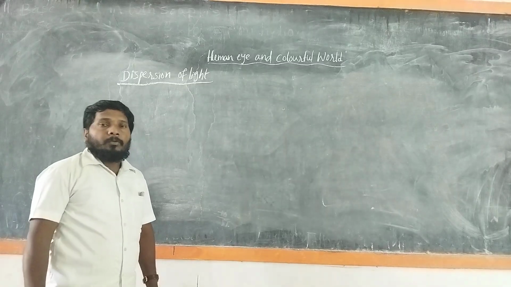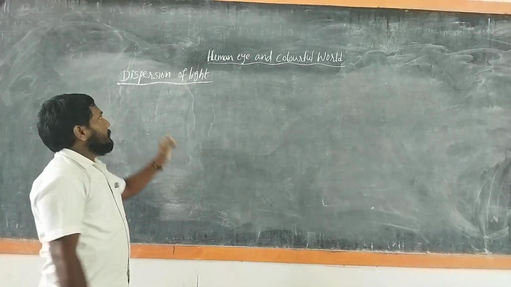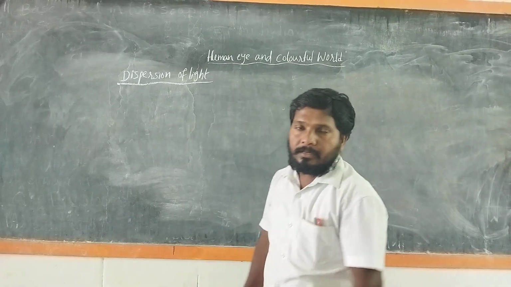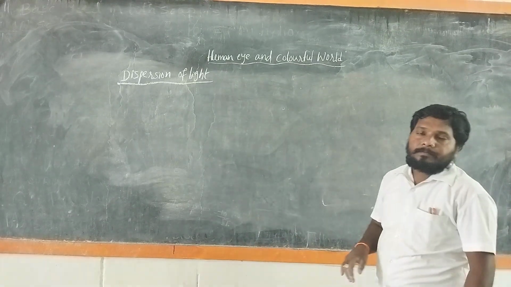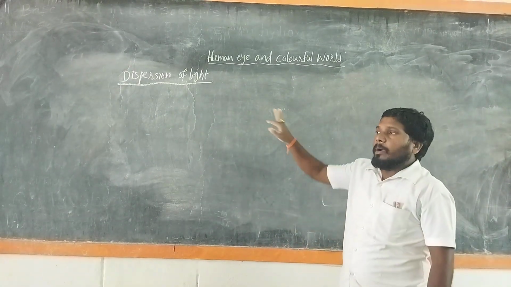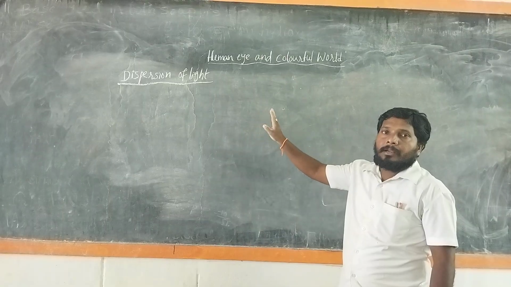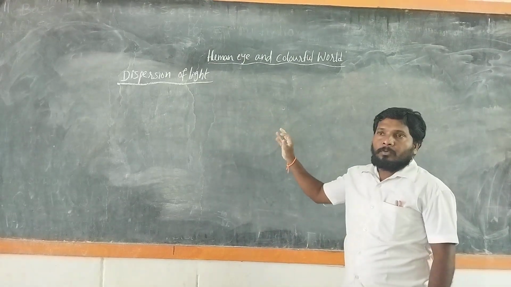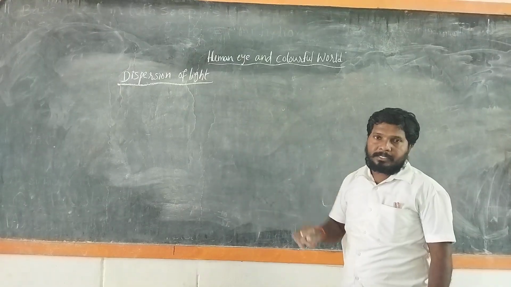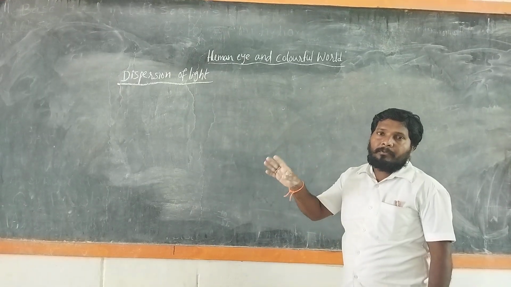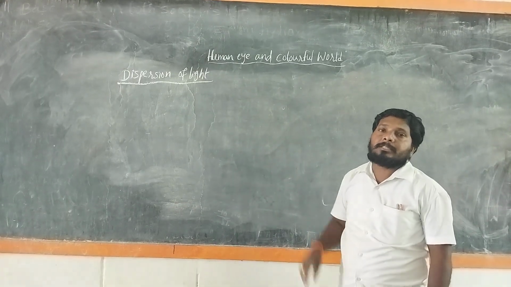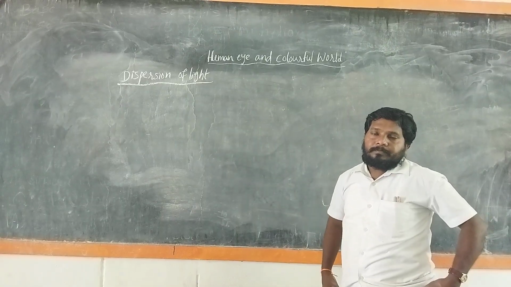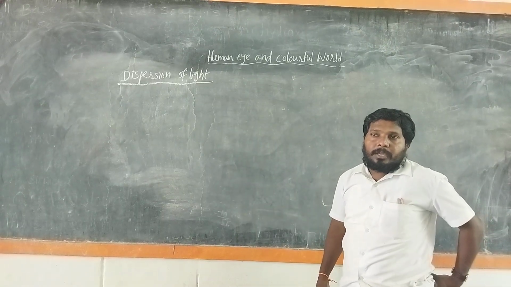Today we will discuss dispersion of light. In previous sessions we discussed problems regarding defects of prism, and also what a glass prism is and what happens when light is passed through a glass prism.